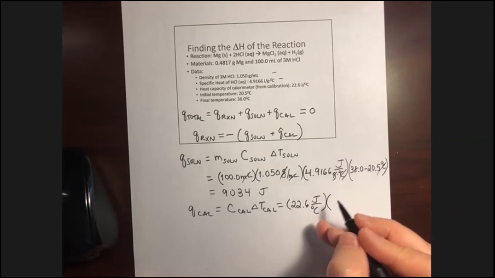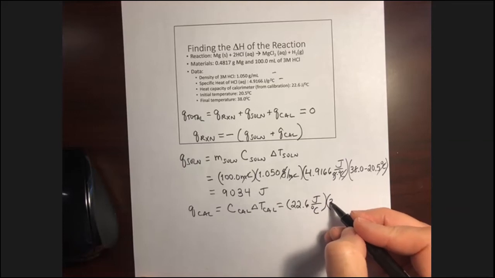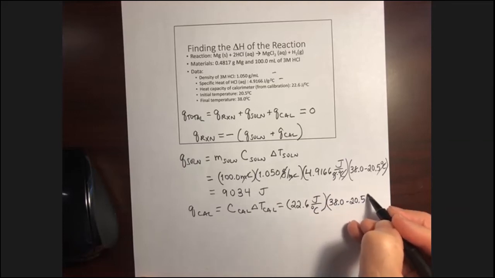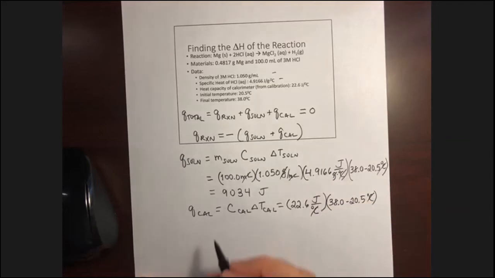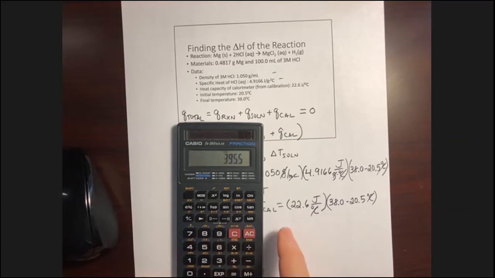And because of the time frame in which we do the experiment, they should have ended up at the same temperature. So this should also be 38.0 minus 20.5 degrees Celsius, which means the degrees are going to cancel out. So again, 38 minus 20.5 times 22.6. That's about 395.